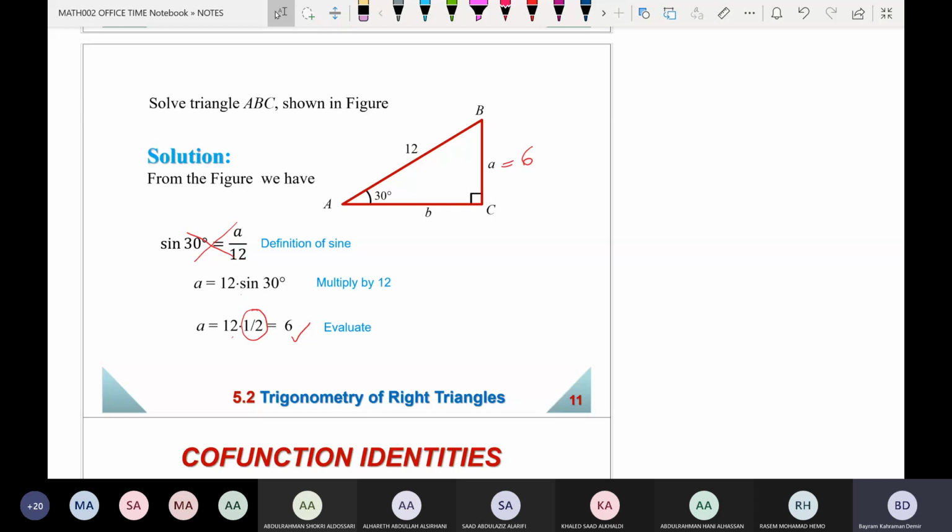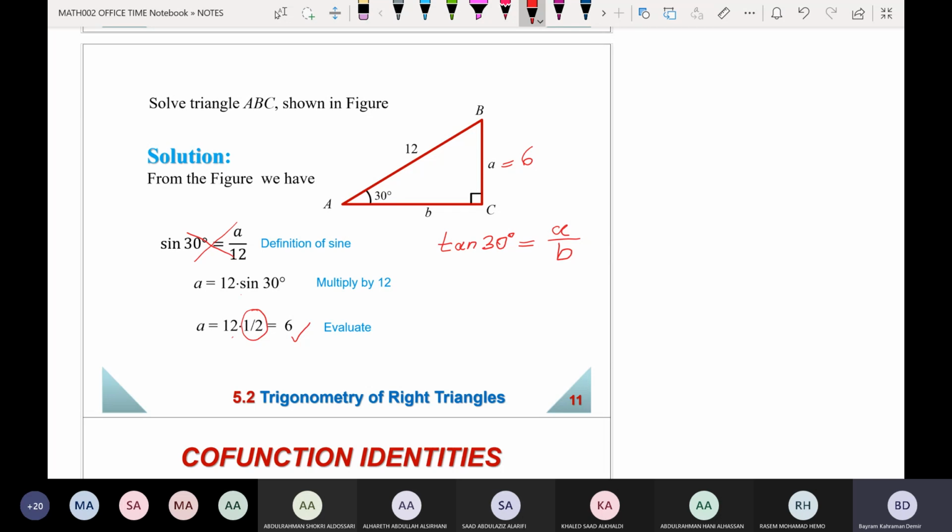After you find one side, you can find the other side by the Pythagorean theorem, no problem. Or you can use another trigonometric function. So let me use the tangent, for example, Shabab. Tangent of 30 is equal to a over b, right?